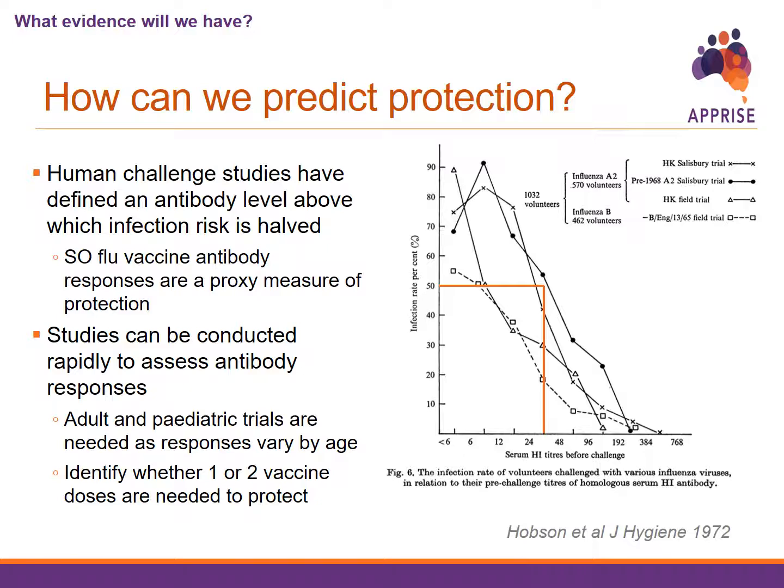Studies like this can be conducted quite rapidly because we don't have to hang around waiting for people to get infected. And they need to be conducted in both adults and children because we predict, based on studies, that antibody responses will be different by age, based on people's track record of having been exposed to flu viruses over the course of their lifetime. These studies are also pivotal to identify whether one dose of vaccine will be sufficient to generate antibody levels high enough to protect, or whether 2 doses will be needed.